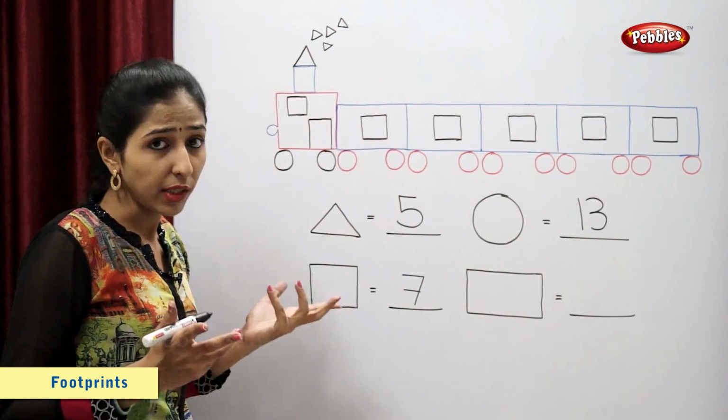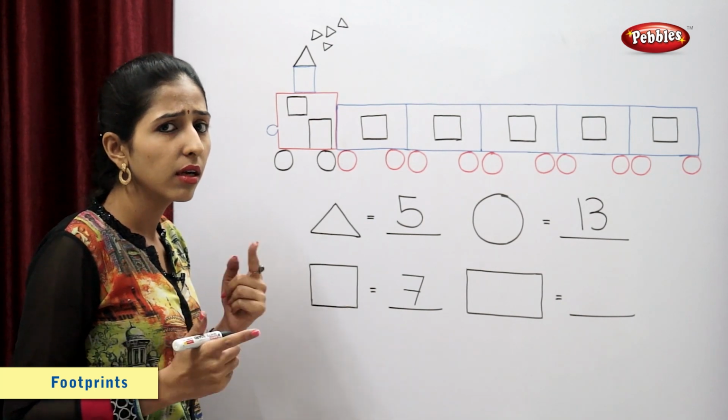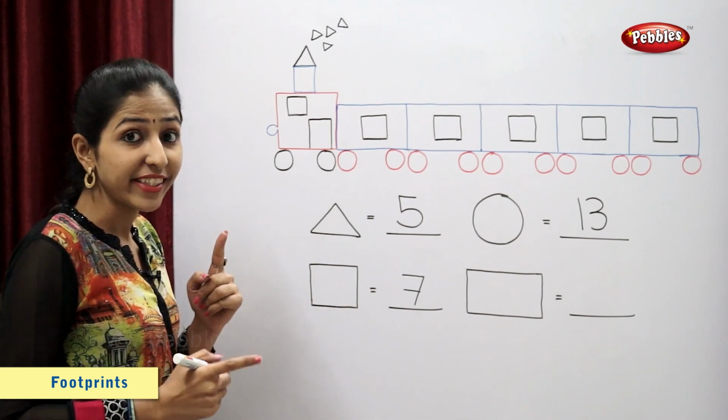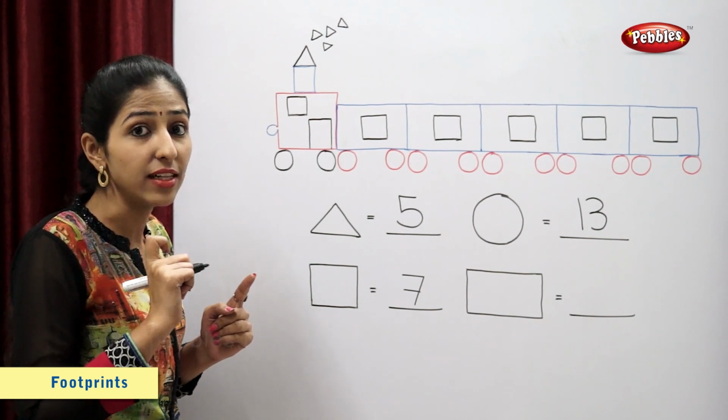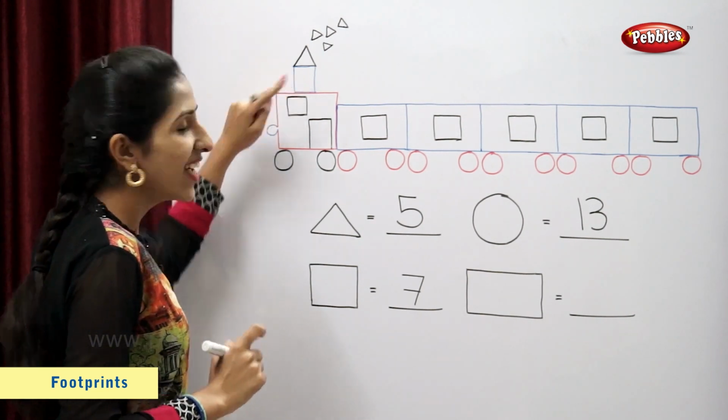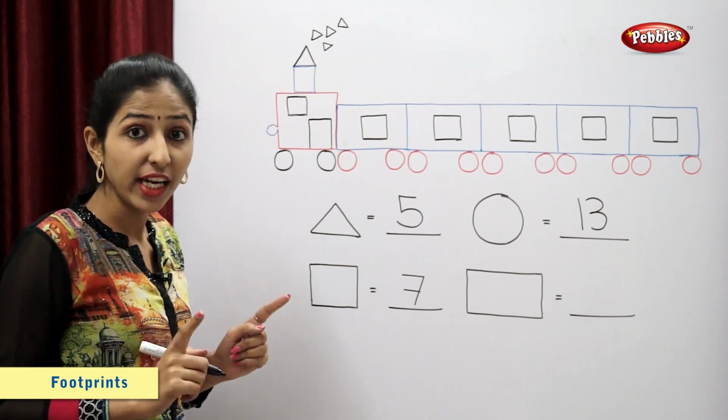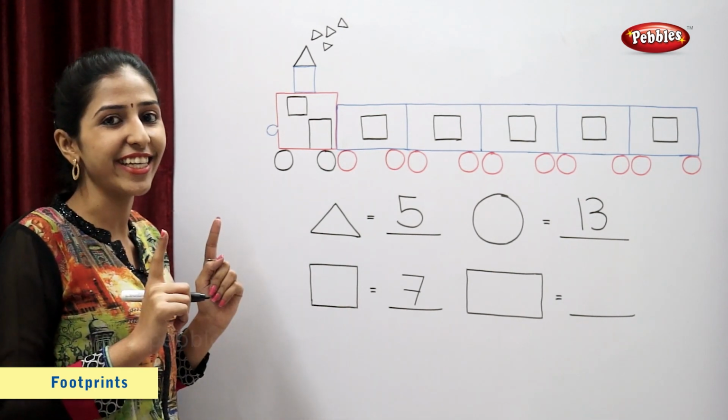Can you find any more rectangles? Yes, there is one more rectangle. So, 7. So, there are a total of 7 rectangles.